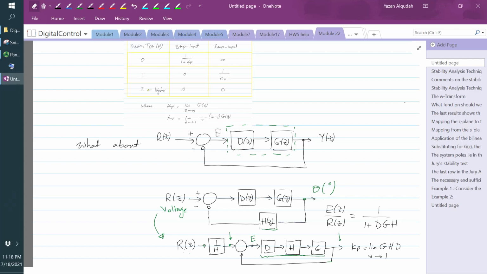Now one thing to keep in mind is that if I have a transfer function in the feedback loop, H of z like I have here, that most likely means that the input and the output are of different nature.